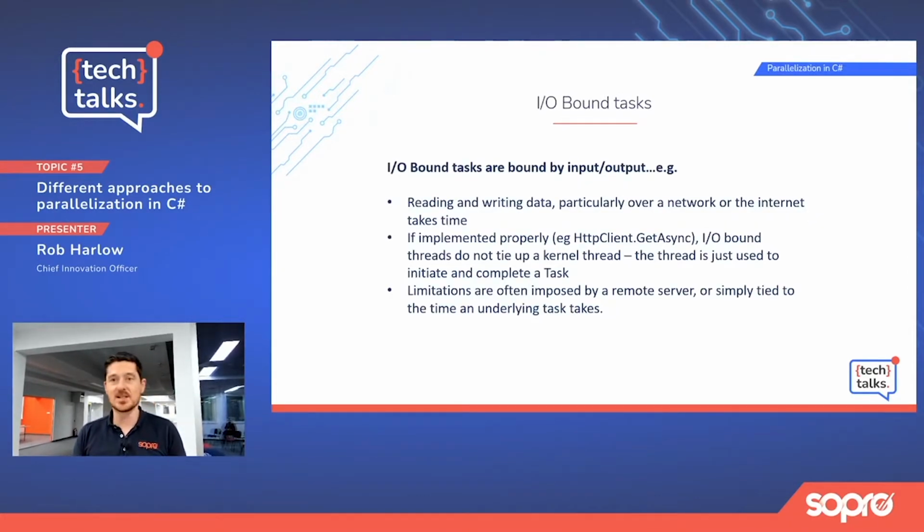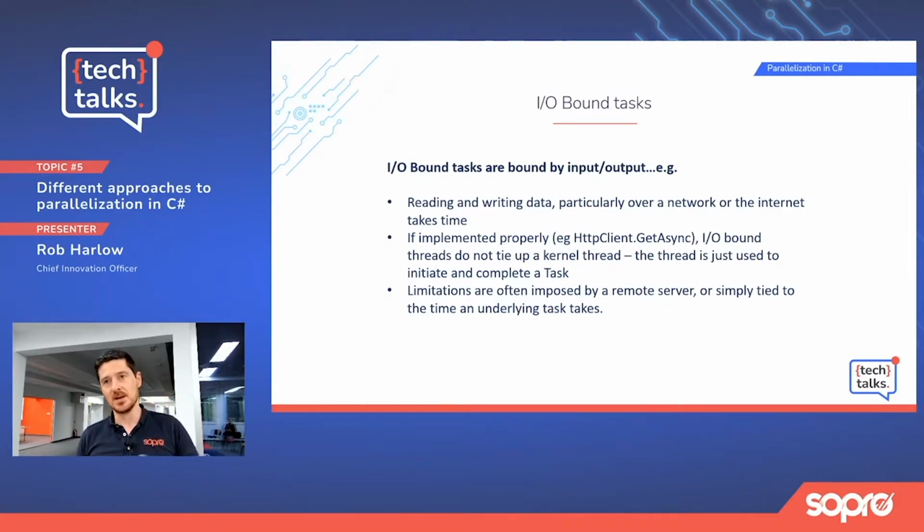Second type is an I/O bound task. These are tasks that are bound by input and output. That means anything that requires reading and writing data, anything that goes over a network or internet connection, something that relies on bandwidth. These typically don't take up kernel threads.